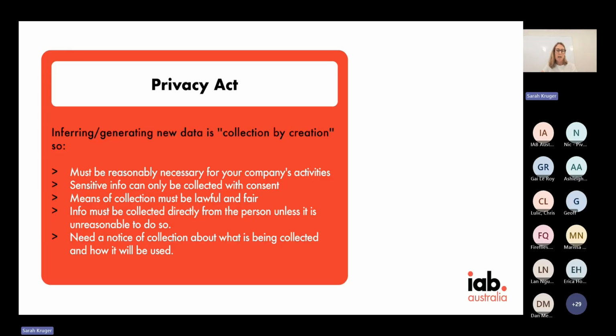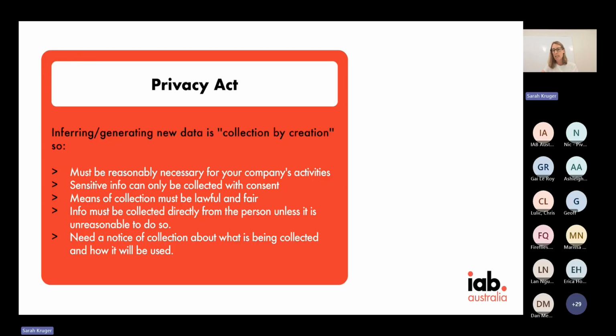So what does the Privacy Act say? Spam Act doesn't kick in here, so we're looking at the Privacy Act. Inferring and generating new data is collection by creation. So the same rules apply. We're back to reasonably necessary. Must be reasonably necessary for your company's activities.